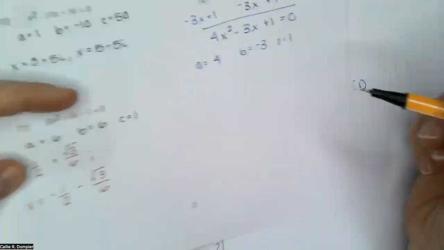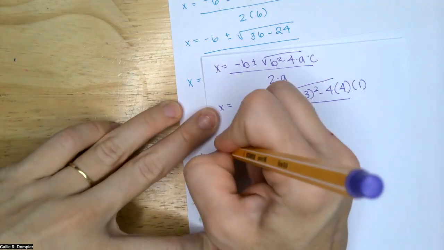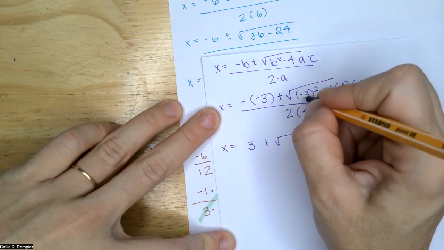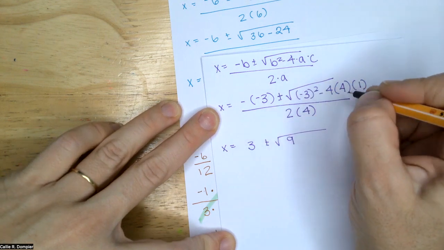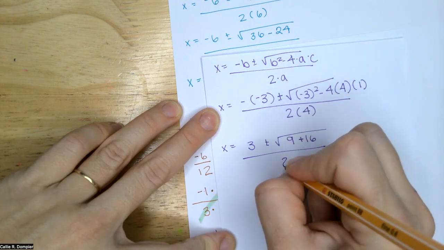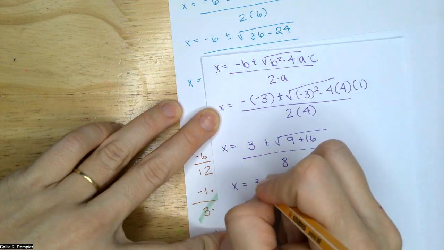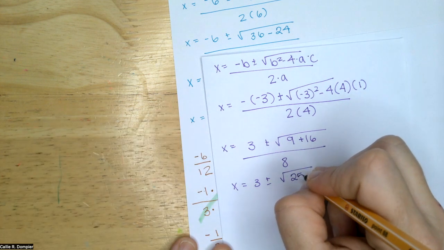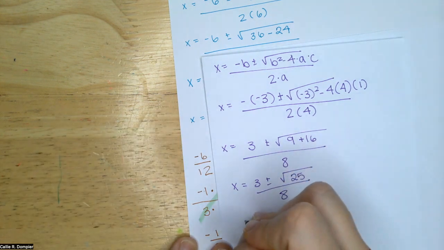Because a is 4. Now let's simplify. X equals -3 is a +3 plus or minus. -3 squared is 9. -4 times a -4 is a +16. 2 times 4 is 8. So we have x equals 3 plus or minus the square root of 16 and 9 is 25 over 8.